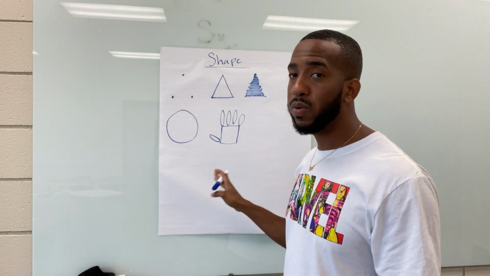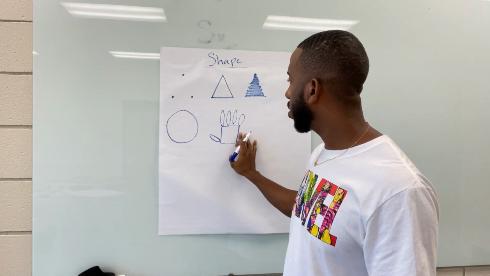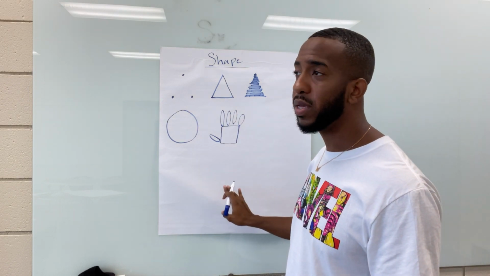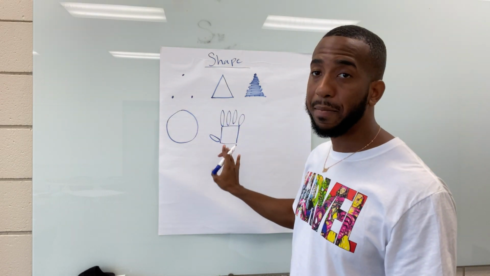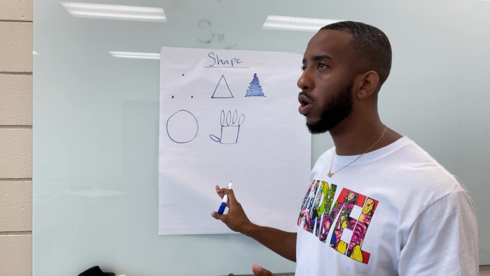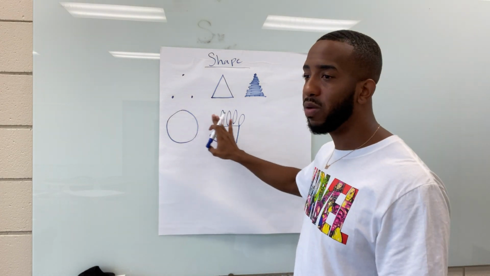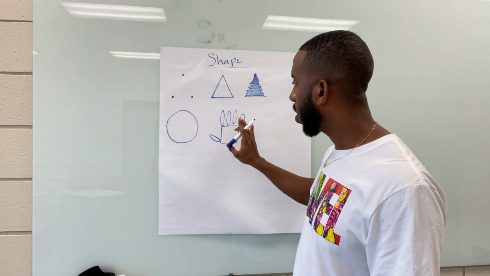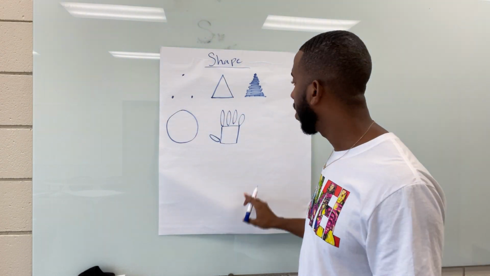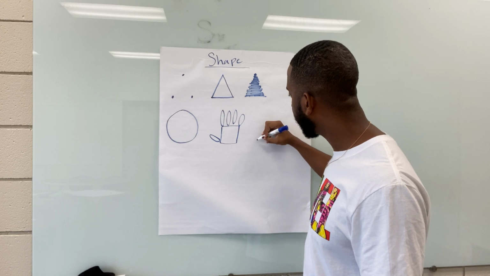What artists do is they look at the basic shape of something so that they can create a more complex or more advanced shape after they're able to see the simpler shapes that are there.